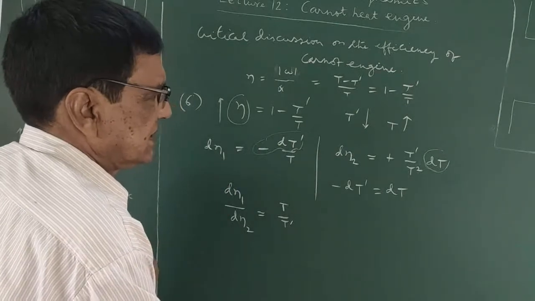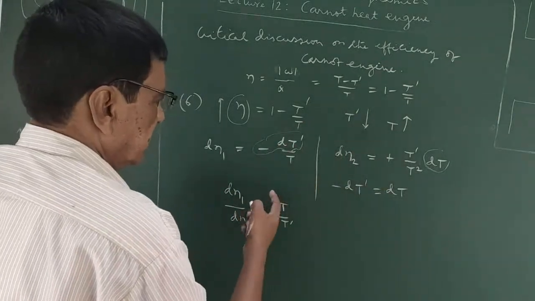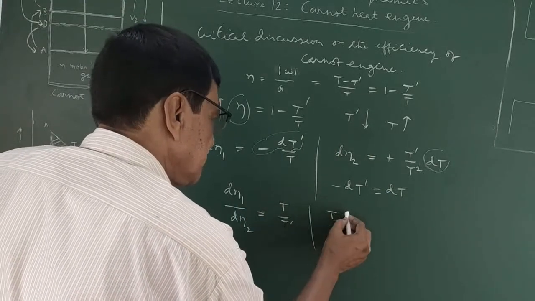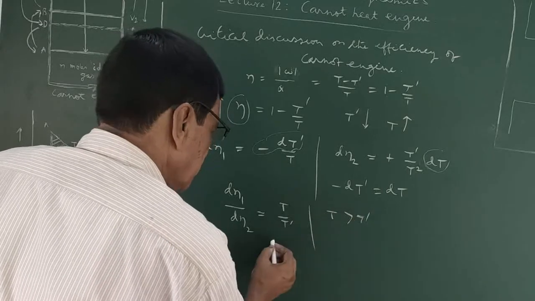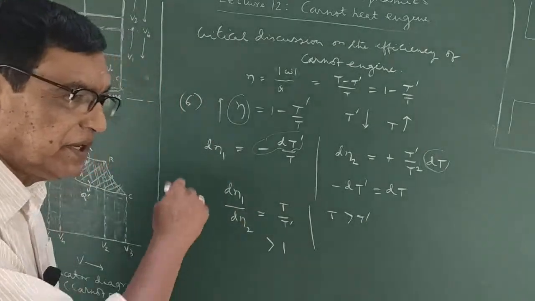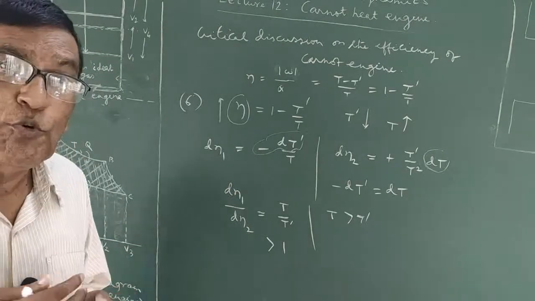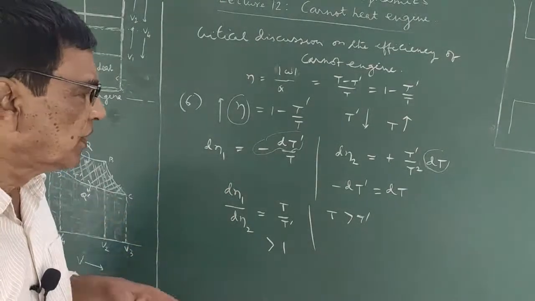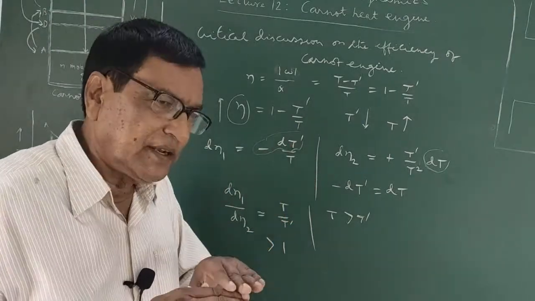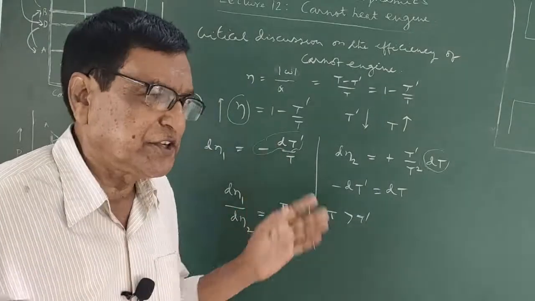One T will be cancelled, this one is down, so T by T dash, and since T is greater than T dash, this is also greater than 1. What does it mean? The engine will be more efficient if we lower down the temperature of the sink rather than increasing the temperature of the source to the same extent.